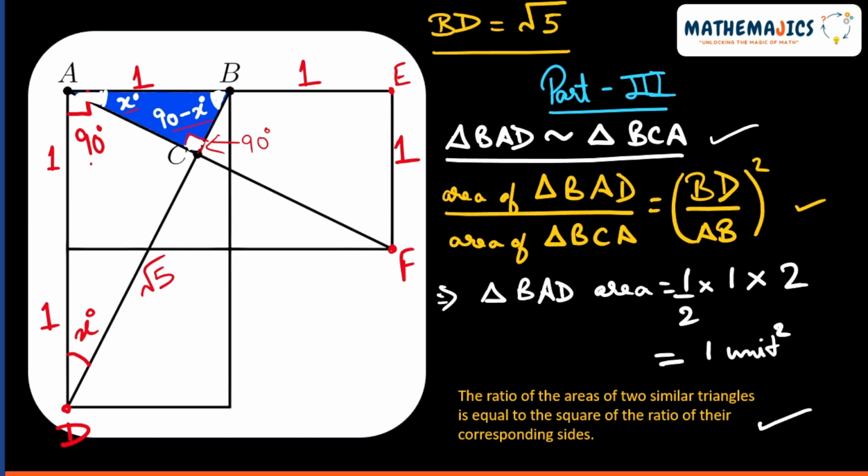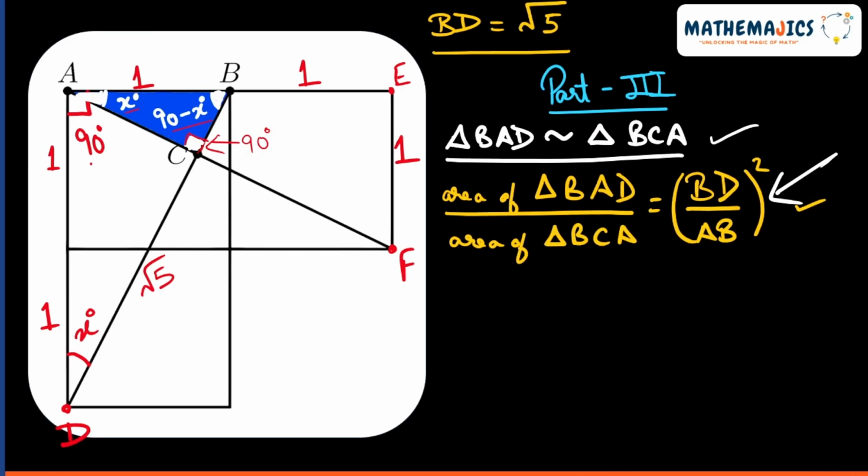Substituting in the equation: area of triangle BAD is 1, and we need the area of triangle BCA, equal to the square of BD over AB. BD is root 5, which we found in the beginning, and AB is 1.